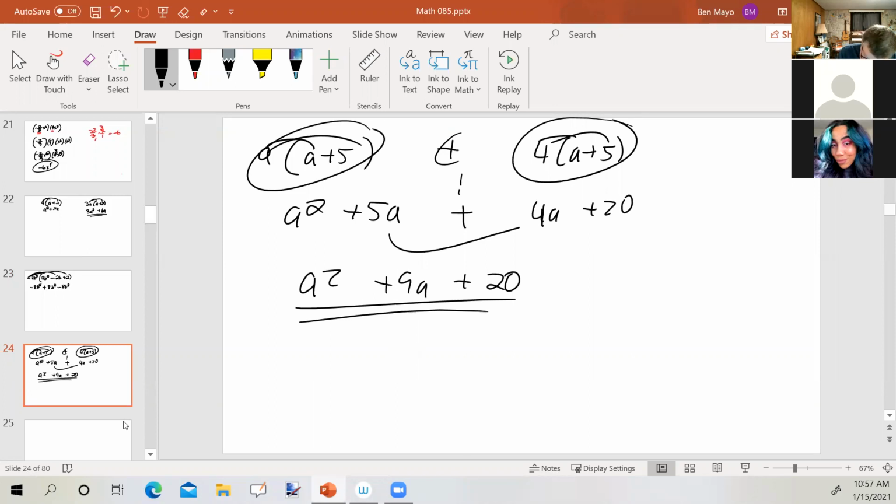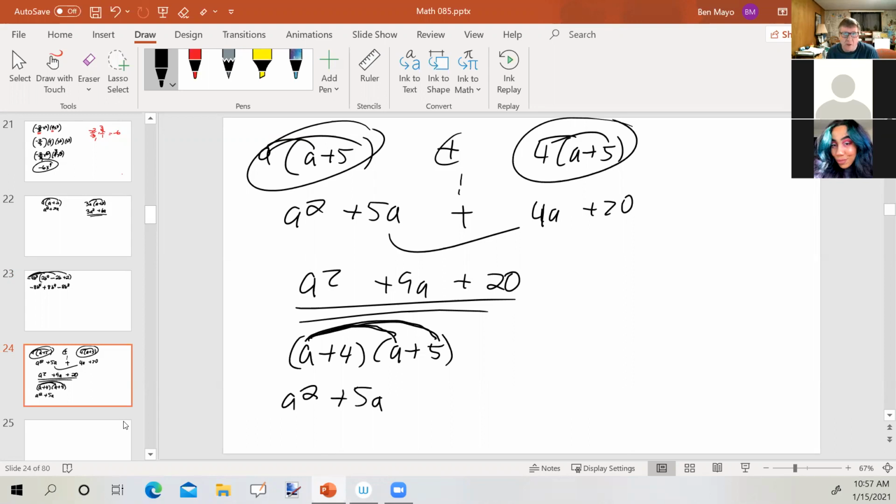Now, let's take a plus 4 times a plus 5. I'm going to do the exact same thing. I'm going to take this first a times the a plus 5. So a times a is a squared. A times 5 is 5a.